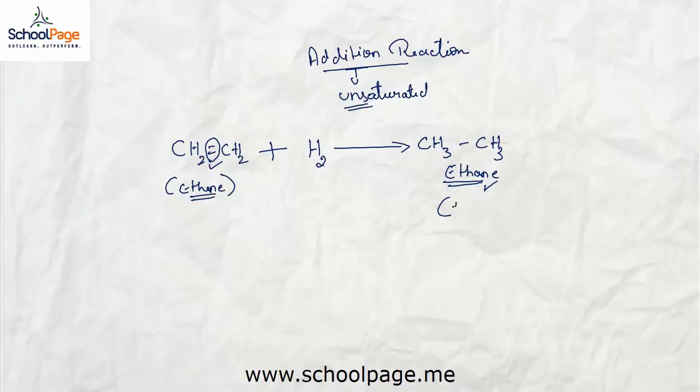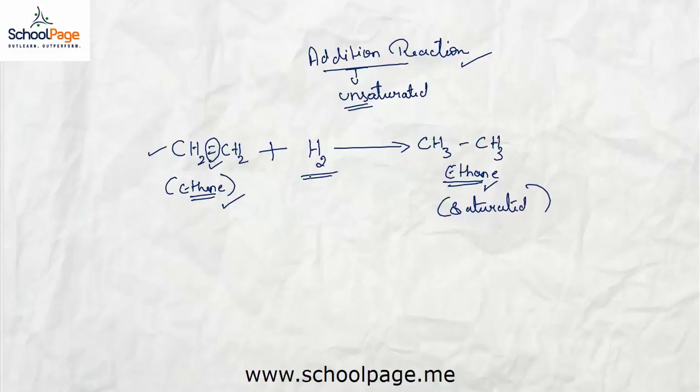Ethane is a saturated hydrocarbon. I am adding hydrogen to ethene, and the resulting product is ethane, which is a saturated compound. Such a reaction in which an unsaturated hydrocarbon combines with atoms of another substance or element to give rise to a saturated compound is called addition reaction.